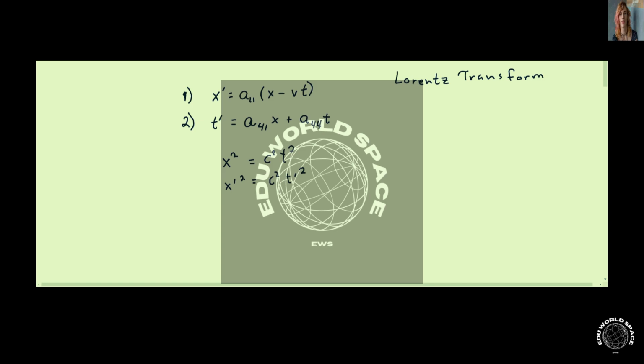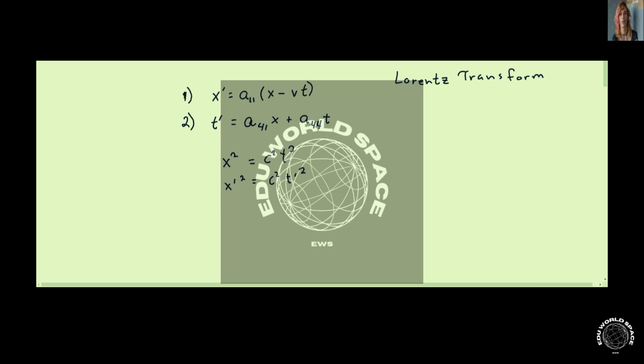How to derive a Lorentz transform, starting with the idea that it should be a linear transformation between coordinates x, y, z, and time, and the primed frame coordinates. Now, typically, there would be 8 coefficients in that linear transformation.